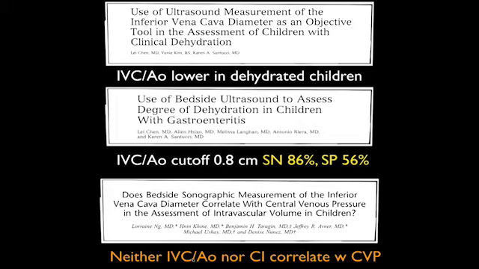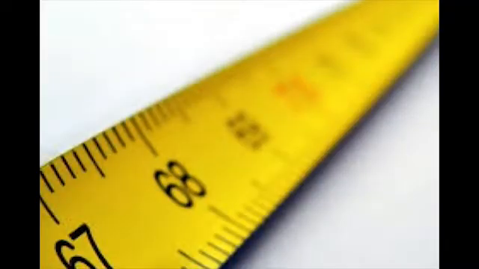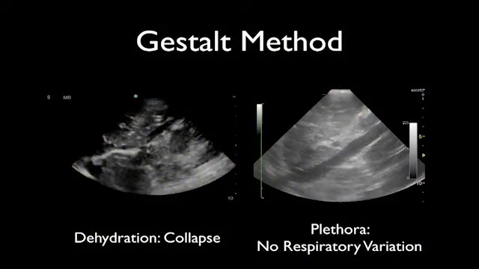So that to me means not that we shouldn't be using IVC, but maybe that we shouldn't be relying on measurements. Because if you're off by just a tiny little 0.1 millimeter or whatever, you're going to change this number dramatically. So for me, measurements are pretty useless, but the Gestalt method is really much better.